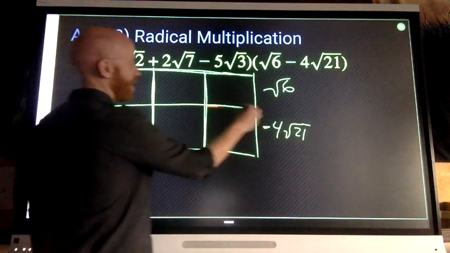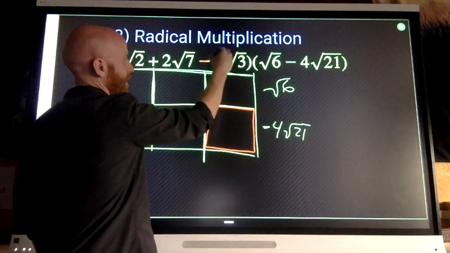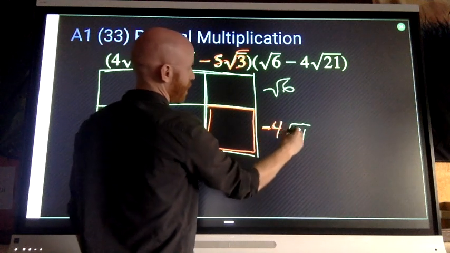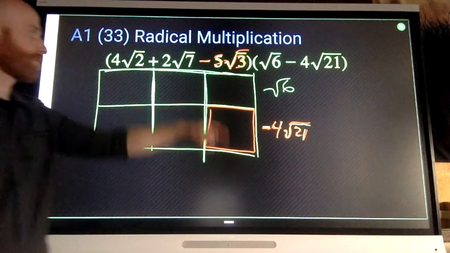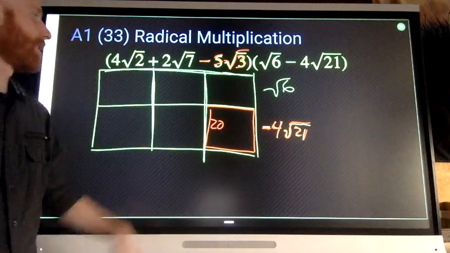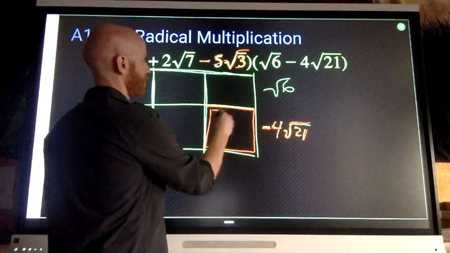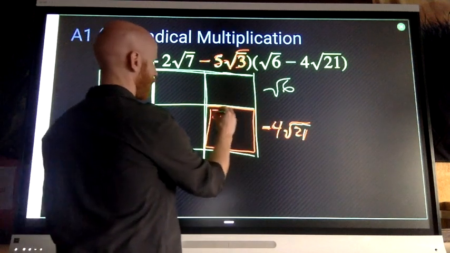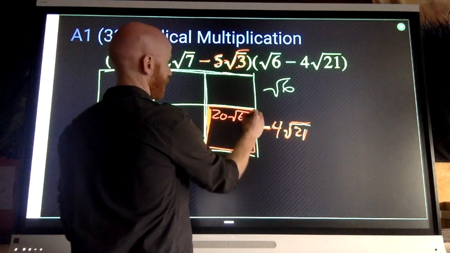This box here will be -5 square root of 3 times -4 square root of 21, right? So -5 times -4 is positive 20. Square root of 3 times square root of 21 is the square root of 63.